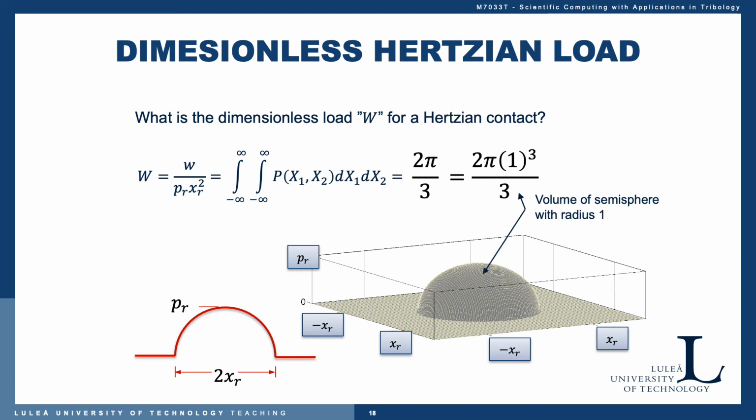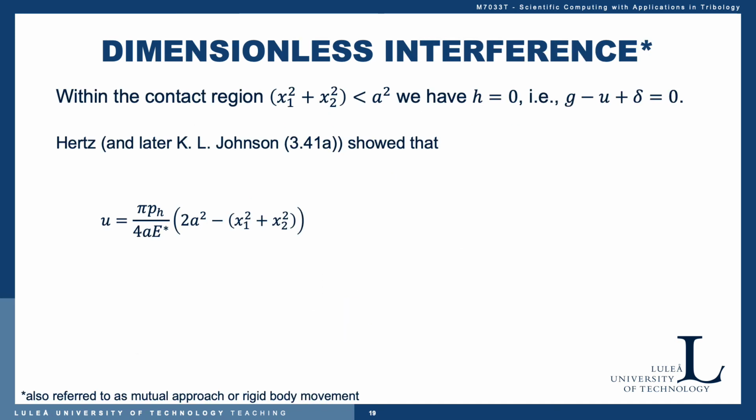I guess you could, and the easy answer is that it's just 2 pi over 3, which actually means that it's half of the volume of a semi-sphere with radius 1. There is one more thing of interest here, and that's the interference.